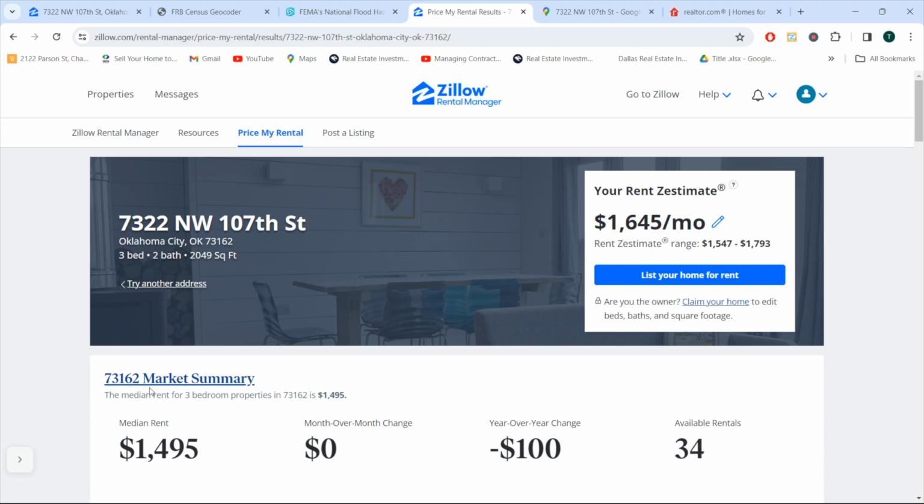So $16.45. Okay. I like to think that it might rent a little bit more because of the square footage being at like 2,049 square feet, but that's the average in the area.